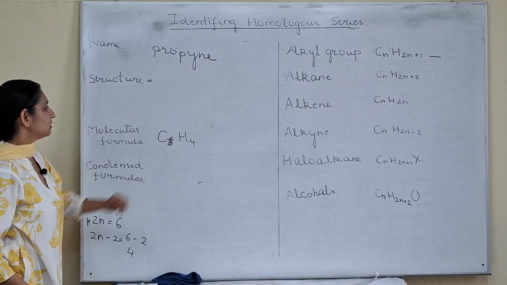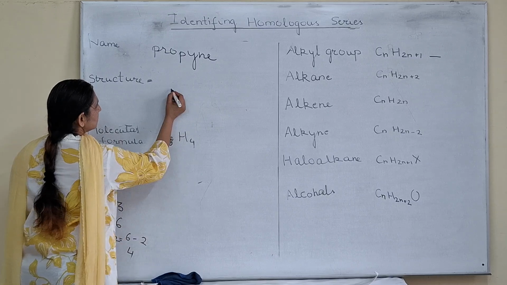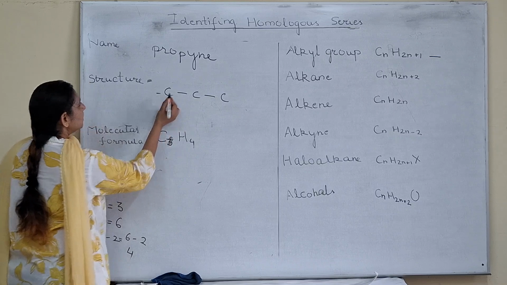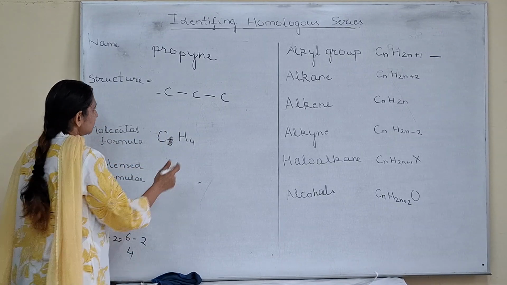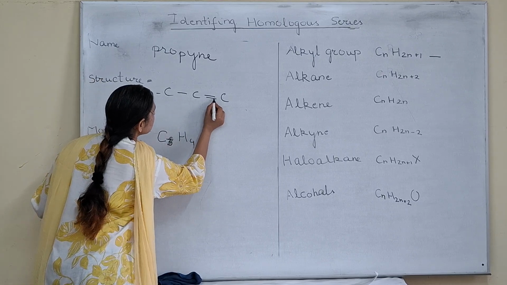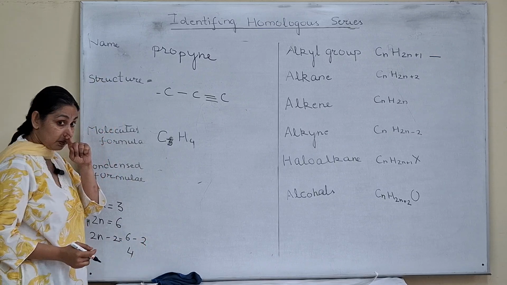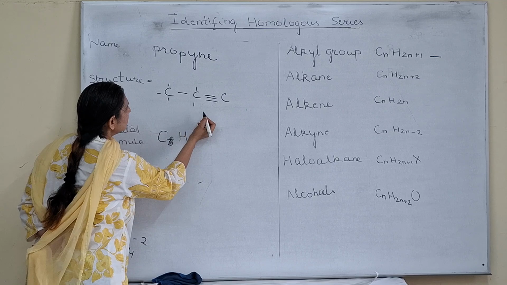Now we know that this is a triple bond, so we'll make the carbons first, 3 carbons. Now at one place triple bond is there. So suppose I have put a triple bond. Now let's finish the valencies.